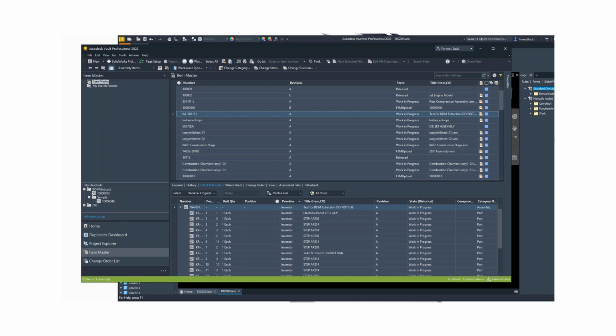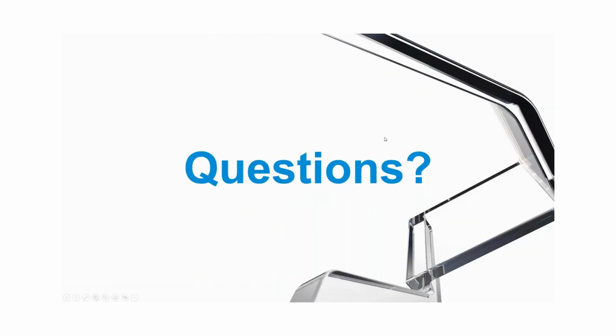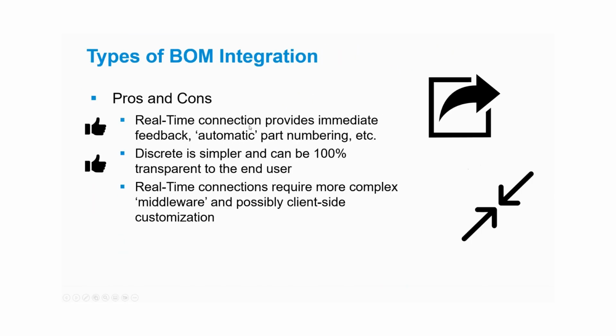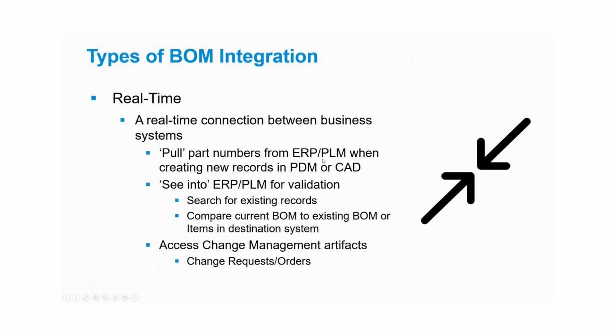And another question: how does this implementation that we're talking about, our discrete push, compare to PowerGate through Cool Orange? PowerGate is more real-time, where you might have an interface in front of you to compare the bill of materials, or an interface floating around in Inventor where you could search for a part number to look for information, or pull a new part number, either in Inventor or in Vault.